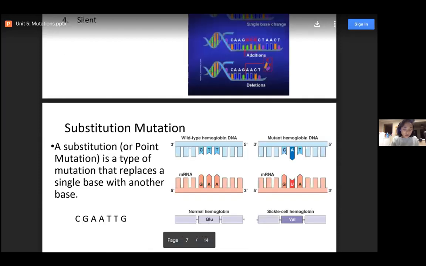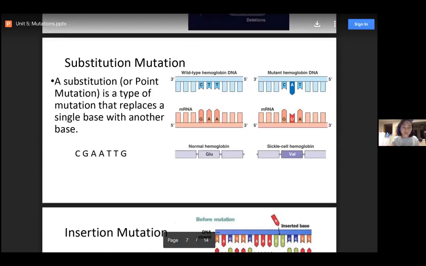Substitution mutation, sometimes we call that a point mutation, but we're going to call it substitution mutation for this class, is a type of mutation when you replace a single base with another base.